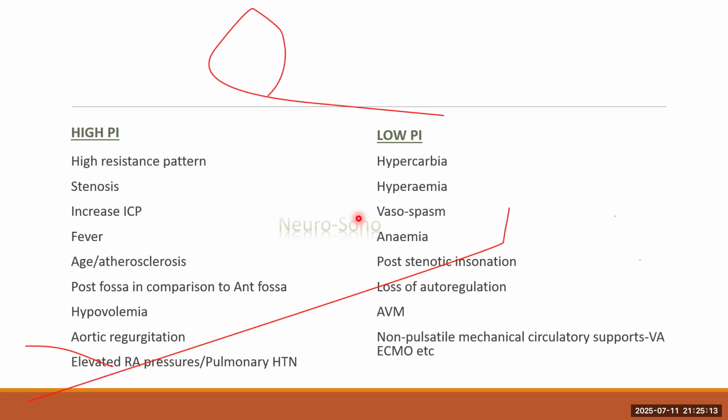But in vasospasm, because the narrowing is focal, we see all velocities increased: PSV, end diastolic and mean flow velocities. So overall the ratio remains the same or comparatively less. That is the most probable explanation for why PI is low in vasospasm.